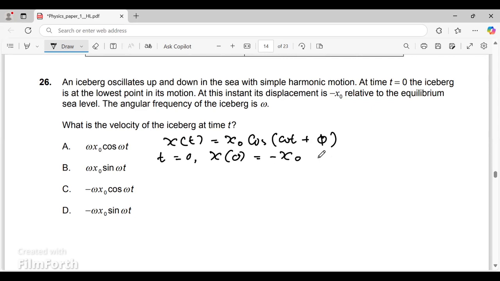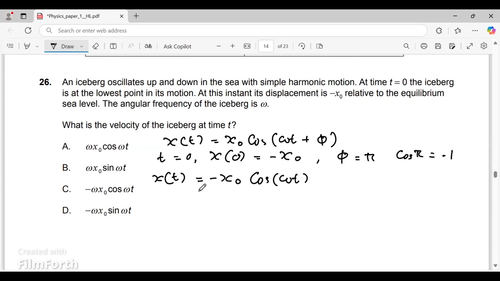So phi equals pi, because cosine pi equals minus 1. So the displacement equation becomes x(t) equals minus x0 cosine omega t.